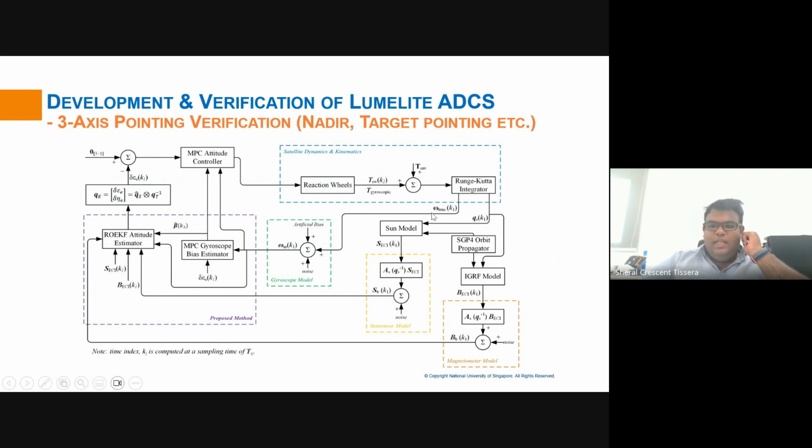So once we know these two values, with the time information, we can calculate the position and the velocity using a SGP4 orbit propagator, which then goes through the sun model and the IGRF to provide the sun vector in the inertial reference frame and magnetic field vector in the inertial reference frame.